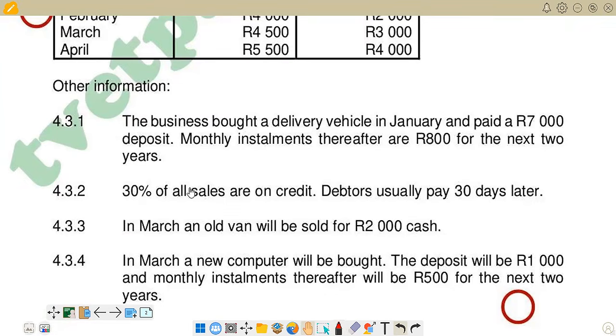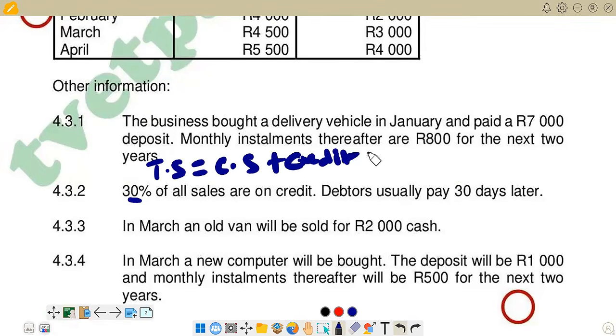So initially, total sales is 100%, and total sales equals cash sales plus credit sales.